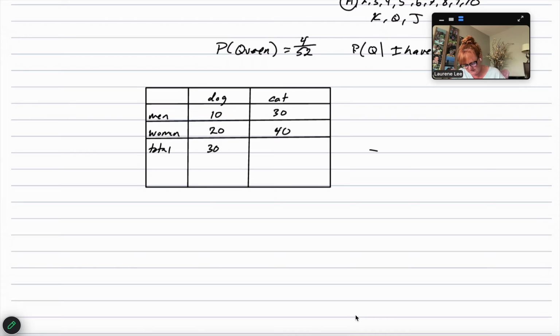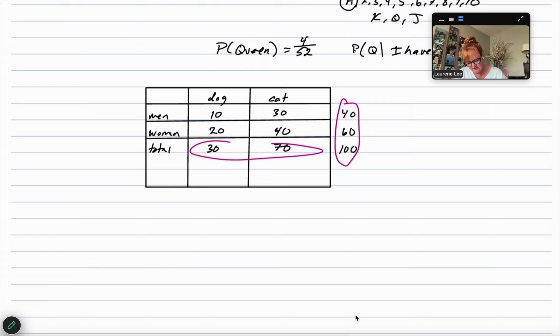There's 70 total cats. And there's 40 men measured. And there's 60 women. And so total, there's 100. This is usually how these tables are. These outside columns are totals of the numbers in between.